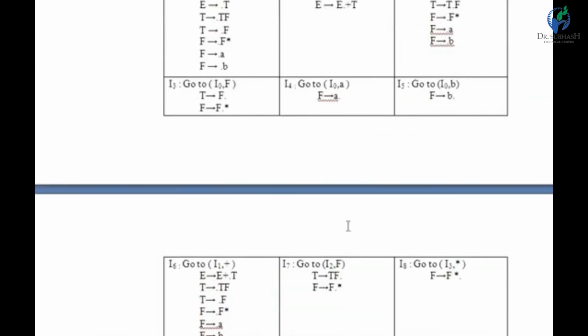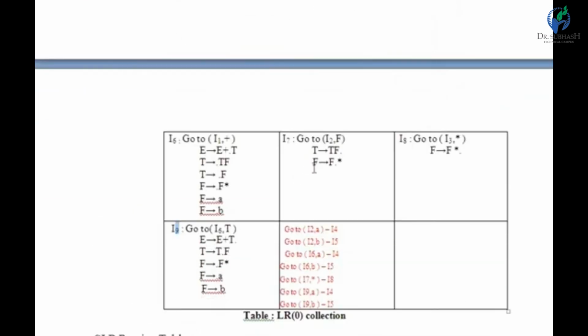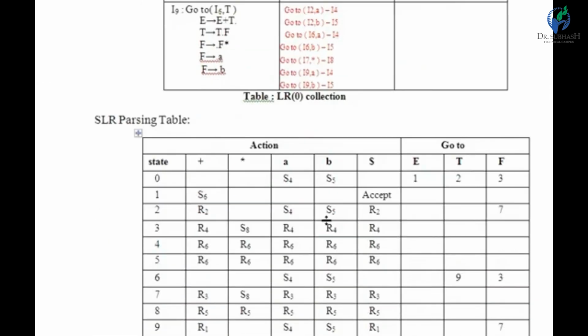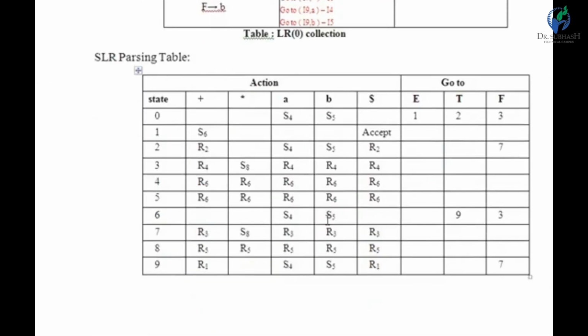You have to repeat this process until you find the dot at the end of all productions. If any production is found to be a repeated state, then go to that repeated state number for that production. For reduce entries, you have to find the follow of the production.